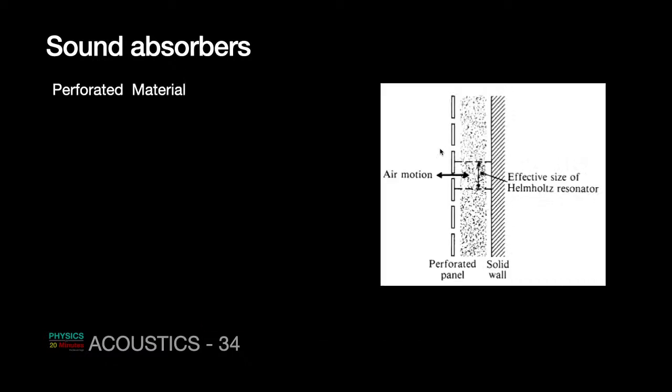These holes are going to trap the sound, and the small openings inside are going to act like a Helmholtz resonator. They resonate, absorb a lot of sound energy, and convert it into heat energy, and that is how the sound energy level is reduced.